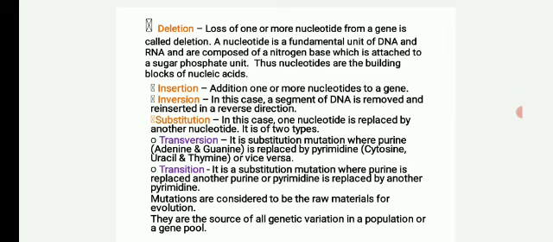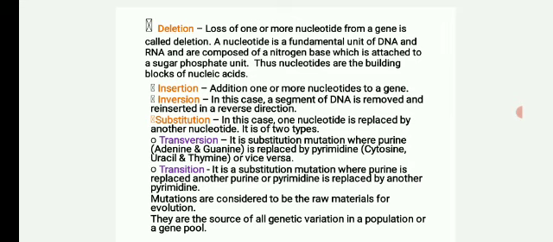Inversion. In this case, a segment of DNA is removed and reinserted in a reverse direction. Next, substitution. In this case, one nucleotide is replaced by another nucleotide. Substitution is of two types. Number A, transversion.